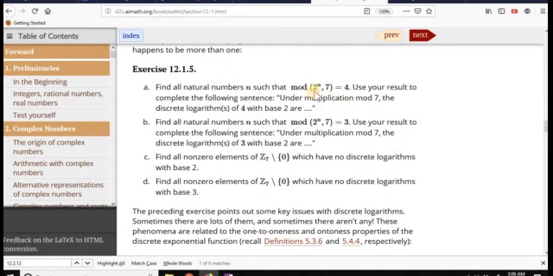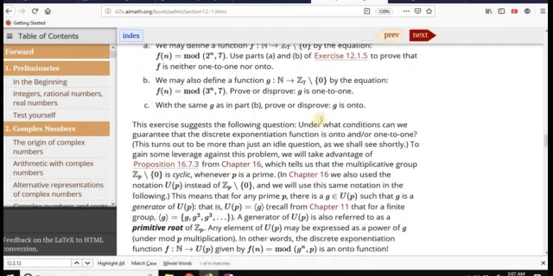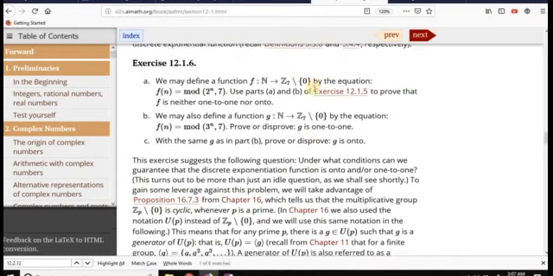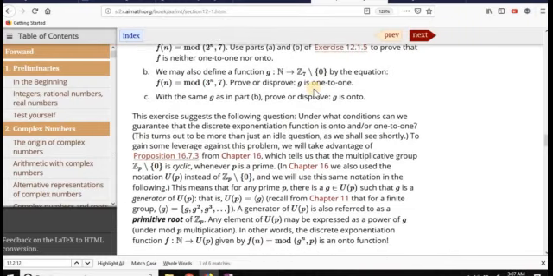So for instance, suppose you know that the discrete logarithm is 4. Then to find the original number is hard. So that's the idea. You want a function that goes one way easily and the other way it goes hard. And that's what the elliptic curve is going to give you.